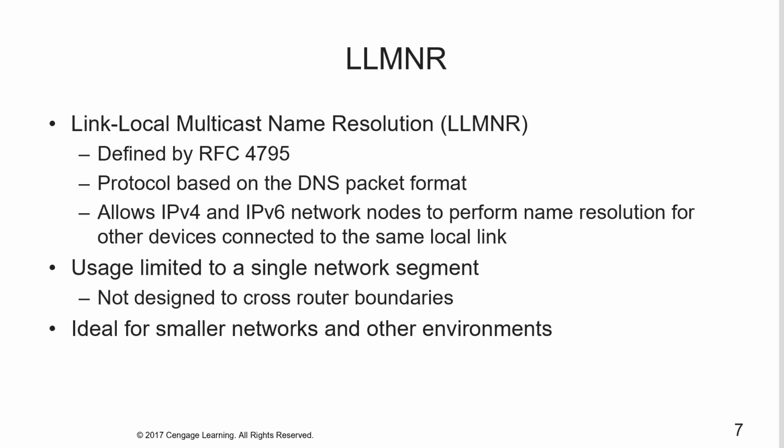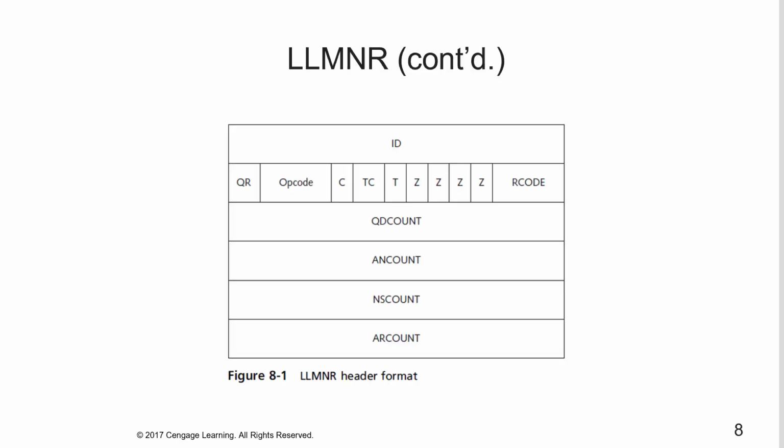And it's ideal for smaller networks and other environments that don't or can't provide DNS name resolution and that require name resolution for both IPv4 and IPv6 nodes. Here in this figure, we're looking at the LLMNR header format, and we're describing the typical message exchange when using LLMNR.